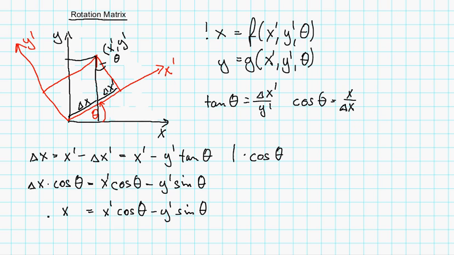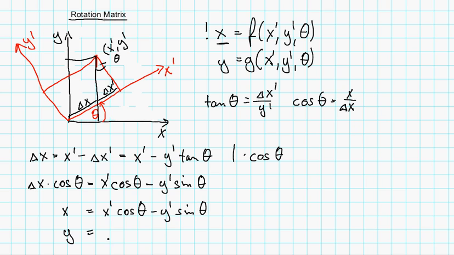So therefore, we now have an equation where on the left side is written x, and on the right side is a function of x prime, y prime, and theta. Now you can do the same and derive an equation for y, which is not that difficult.